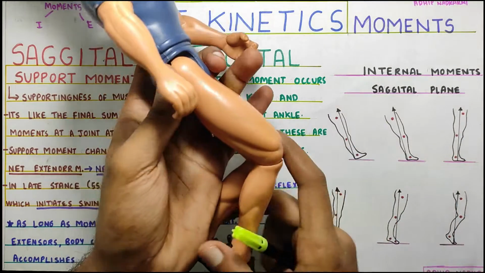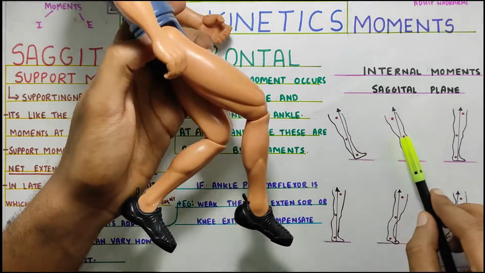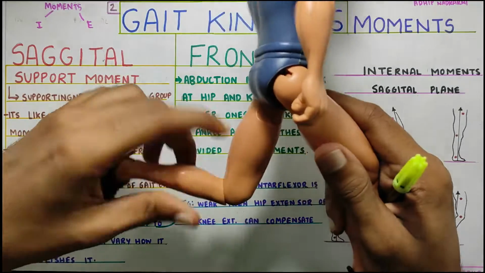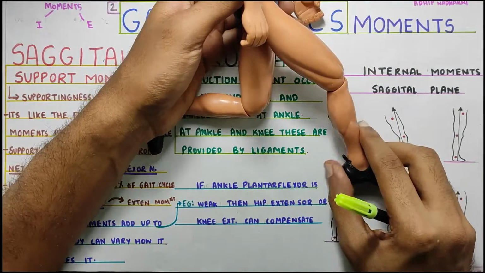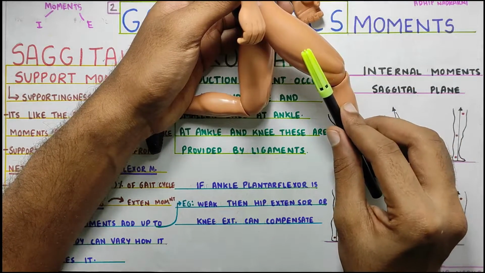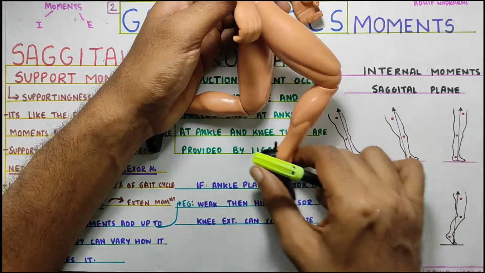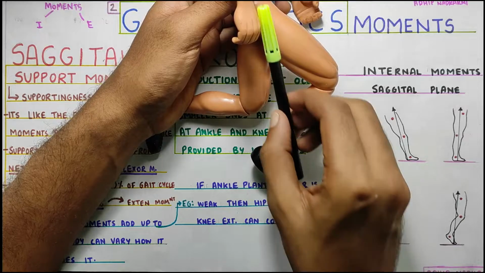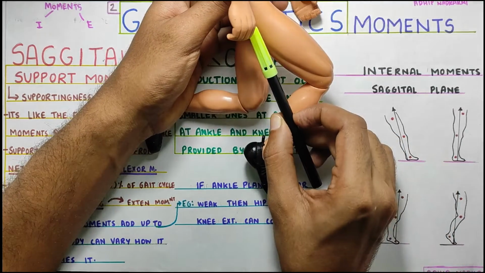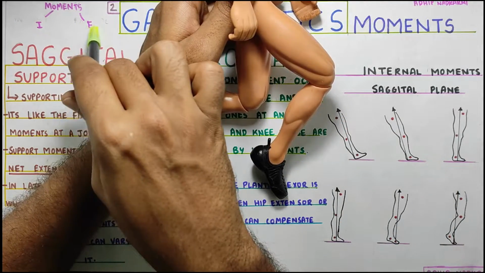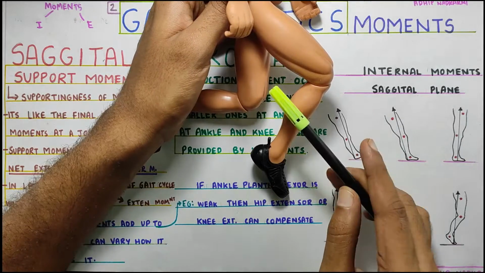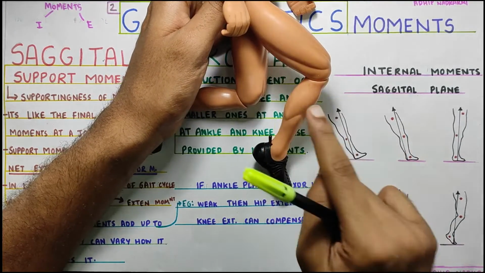Now, what did we see last time? We saw that the ground reaction force, if you take this same scenario over here, if the ground reaction force is behind your knee joint, what will happen? The ground reaction force will tend to flex your knee, correct? That's how the ground reaction force will be working to flex your knee. Now, that is an external force trying to create a moment, that is a flexion moment over here.